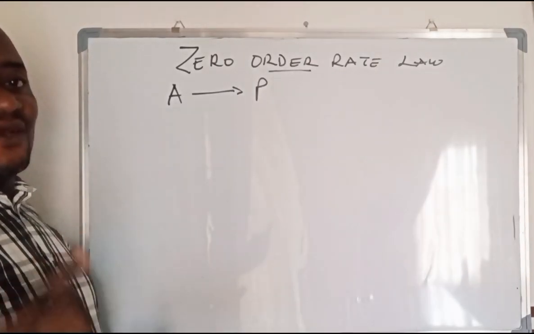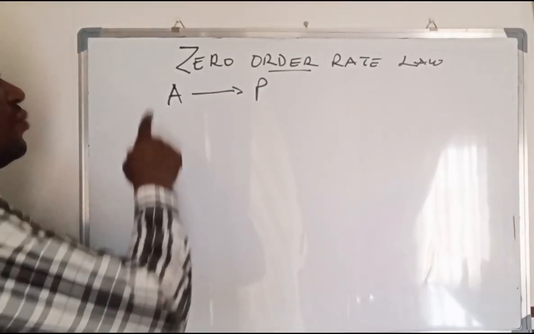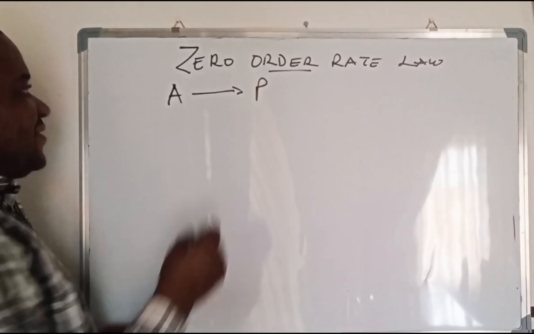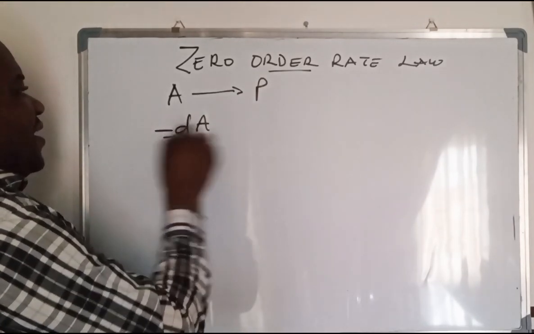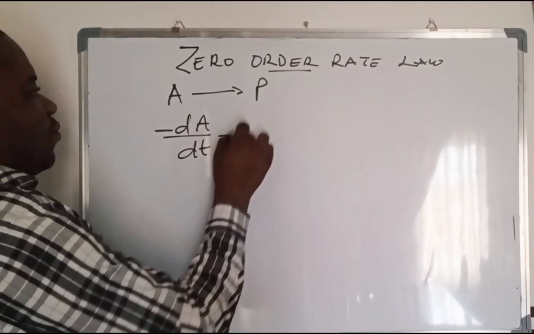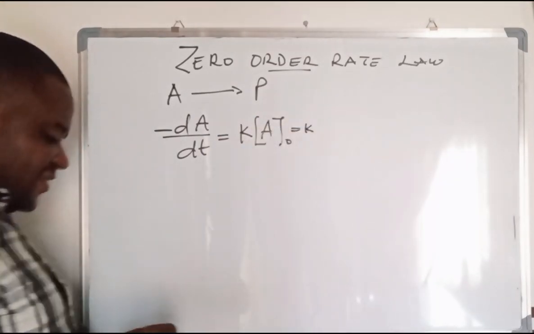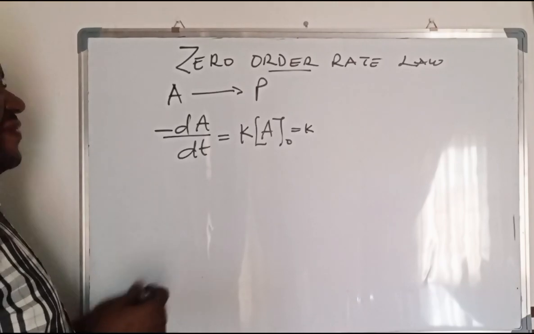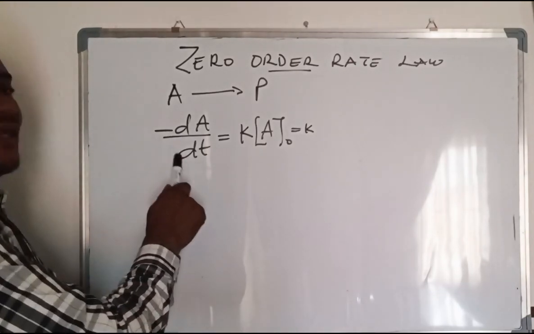We shall write the differential rate equation for this particular equation with respect to A, the reactant. So we have minus d[A]/dt equals k[A]^0 equals k. Now this is simple. By this equation, it means that you are differentiating with respect to t.